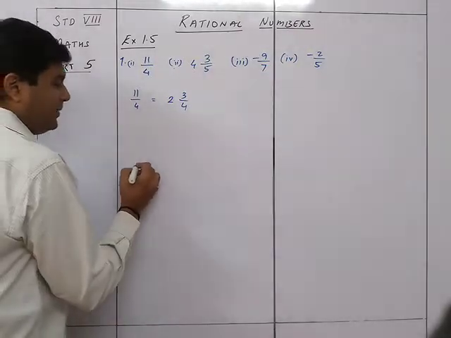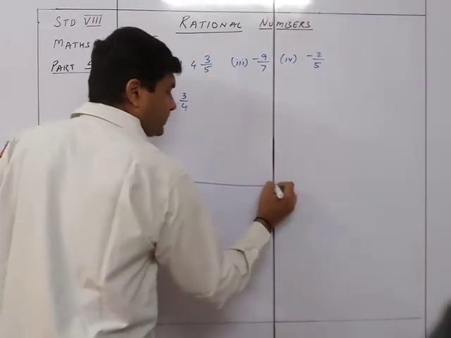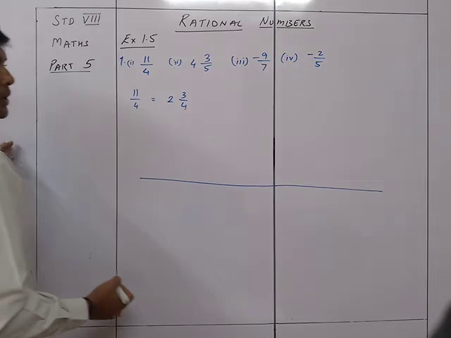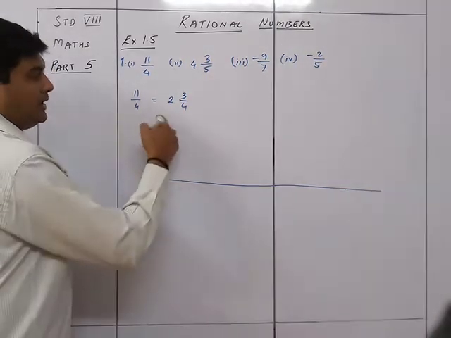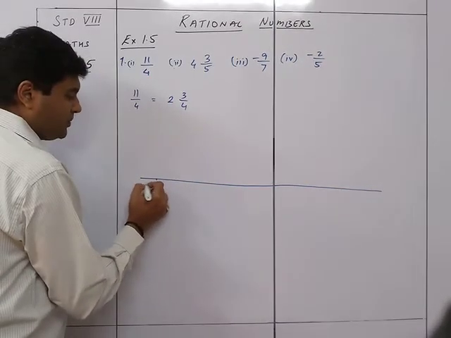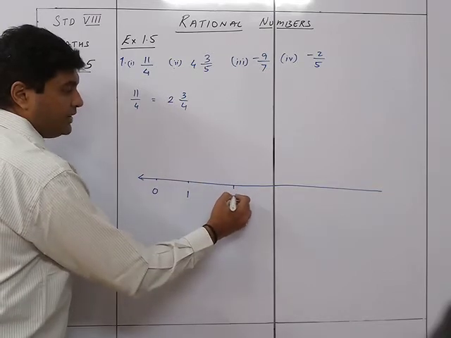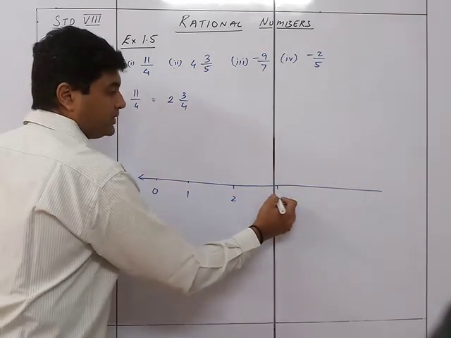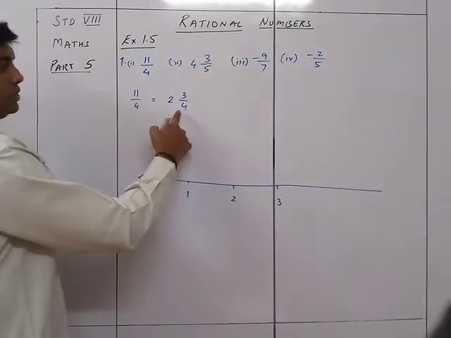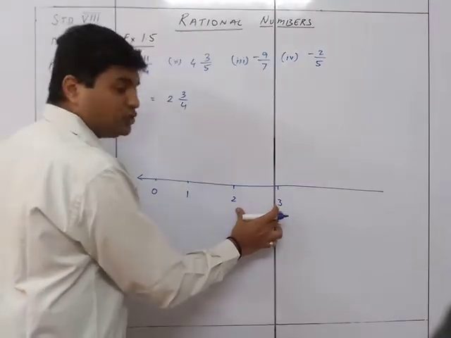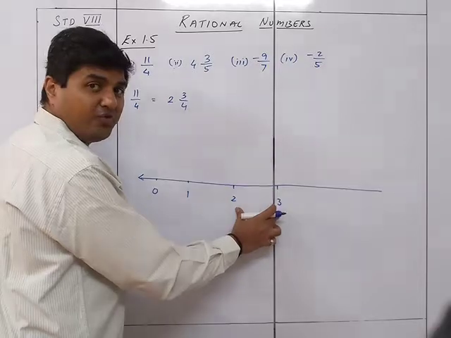So when I draw a number line, suppose I start from here as 0, and then this point is 1, this point is 2, this point over here is 3. So 2 3 upon 4 means this part can be divided into 4 parts.